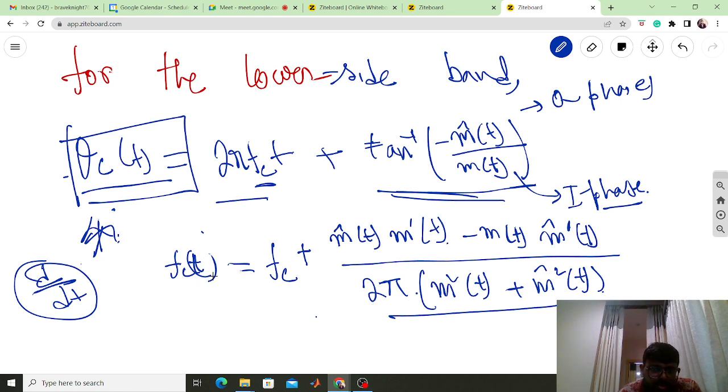So this will be the instantaneous frequency depending on the factor t. For a particular t, at t1, all the t's will be replaced by t1. So this will be the instantaneous frequency equation.